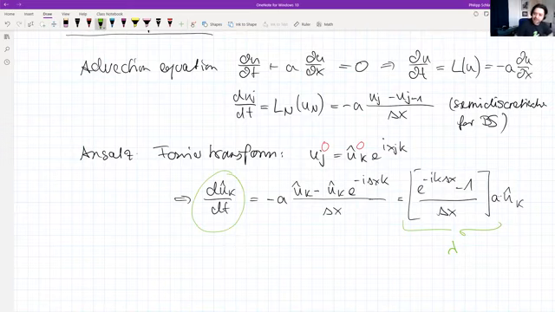So now I have formulated an ODE in u hat k. That means in order for stability to hold for this ODE, I need to make sure that this lambda fulfills the conditions that I had for the ODE before.